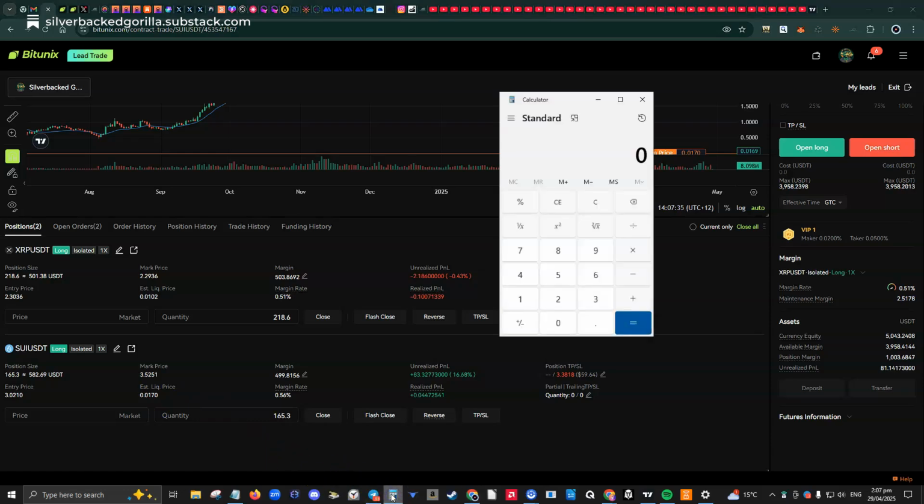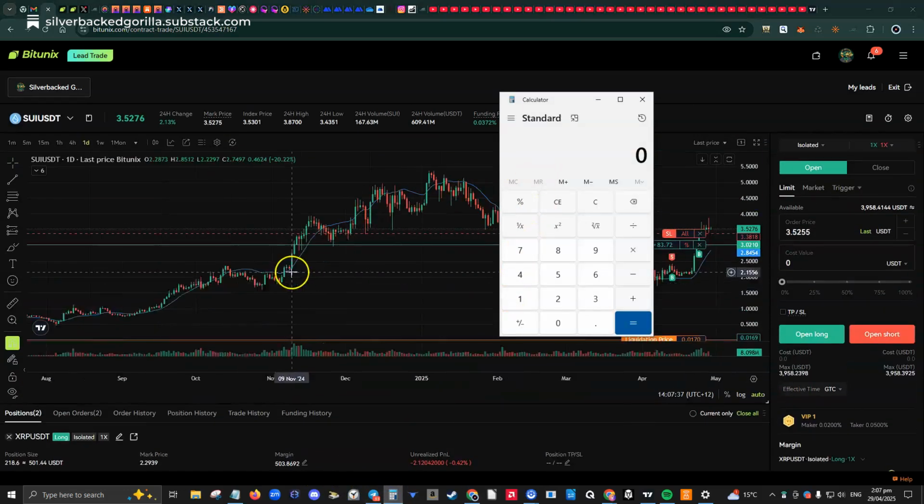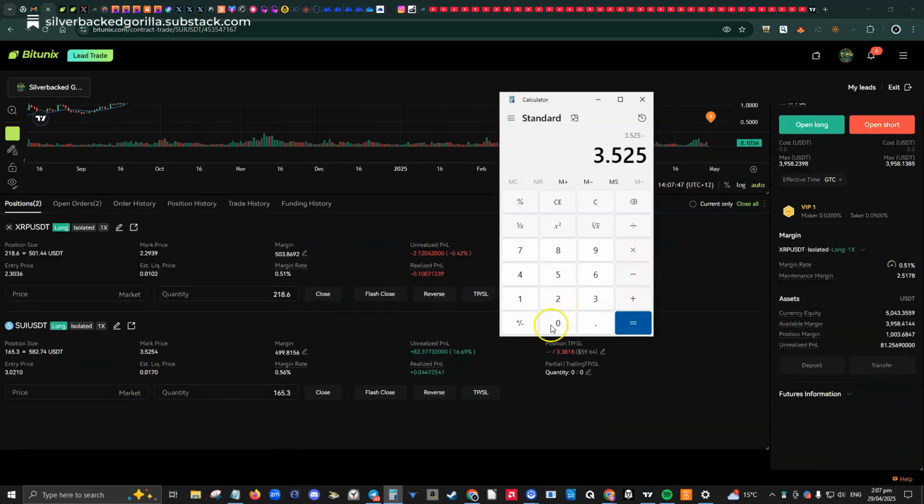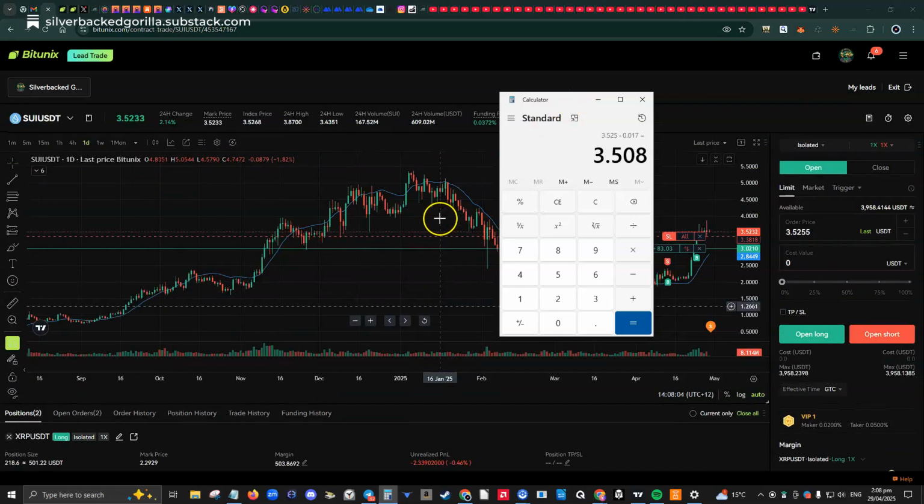So if I basically come in here and go, this is how you work it out: 3.52 take away the liquidation price 0.0170 equals. Alright, so that's how much the price would have to come down for me to face liquidation, to meet the liquidation level.